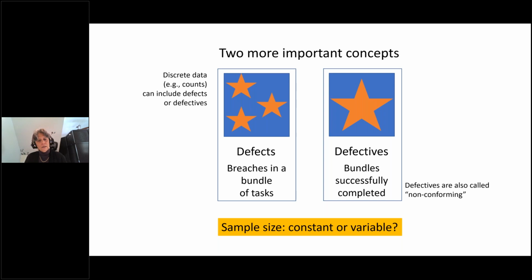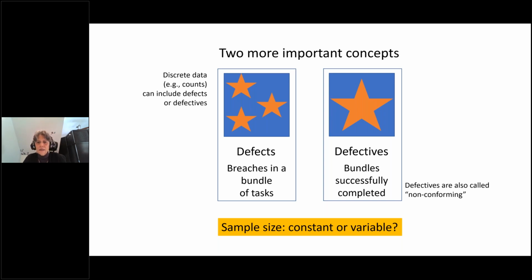Or if there's a process of giving a medication to a patient, there are multiple points along that process where a defect could happen. And maybe in your simulation, you're teaching people how to do a bundle of tasks, like central line dressing changes. So there are multiple potential defects in that process.